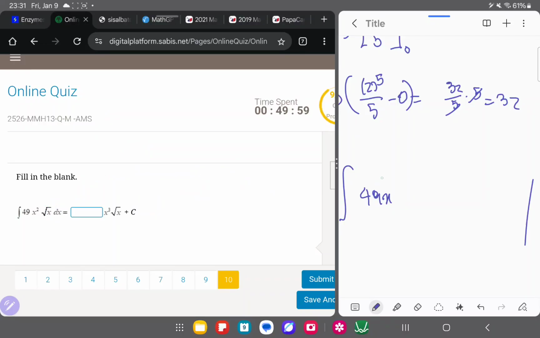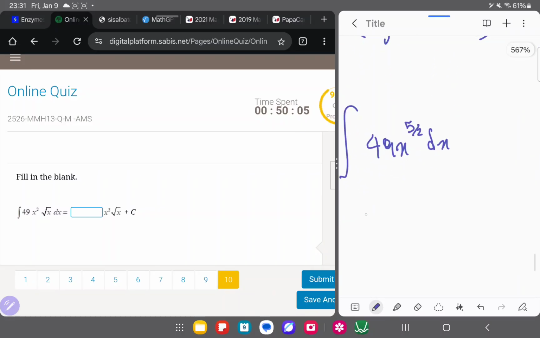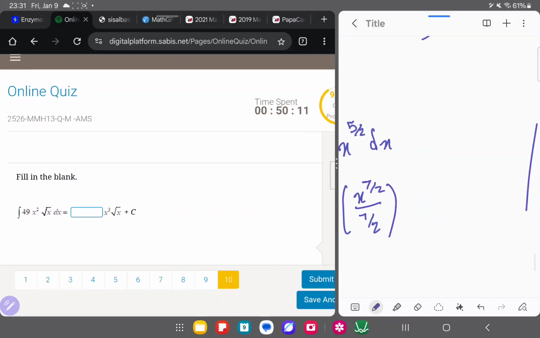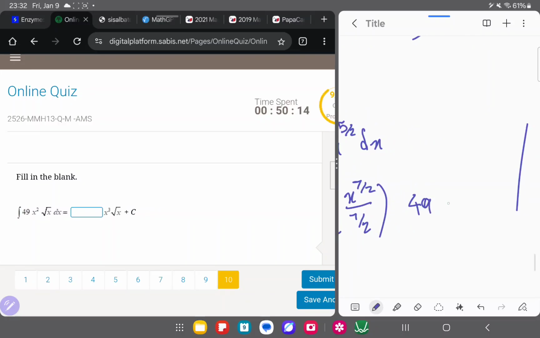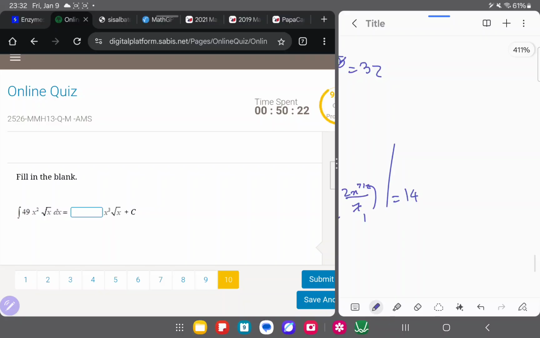So therefore, the total exponent of x gives 49 x to the power of 5 over 2 dx. And then you do 49 x to the power of 7 over 2, over 7 over 2. You get 49 times 2 x to the power of 7 over 2, over 7. And then you cancel, and you get 14 x to the power of 7 over 2.